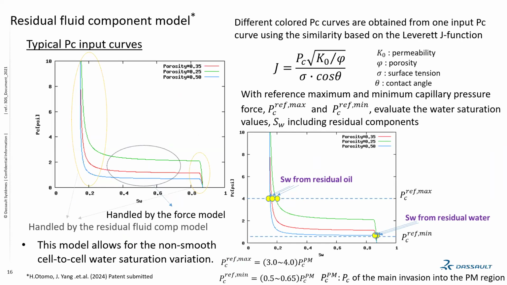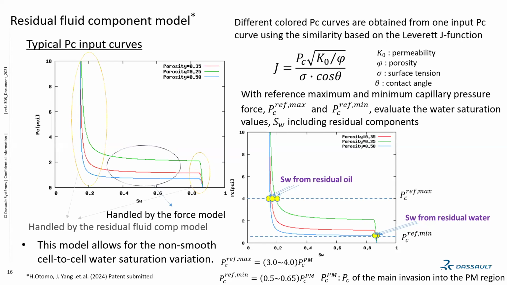From the Leverett J function similarity here, for different porosity, we can extend a different PC curve here. So with the multi-scale model, we handle the capillary force in the leading order, but we need to capture this region to capture the residual components.